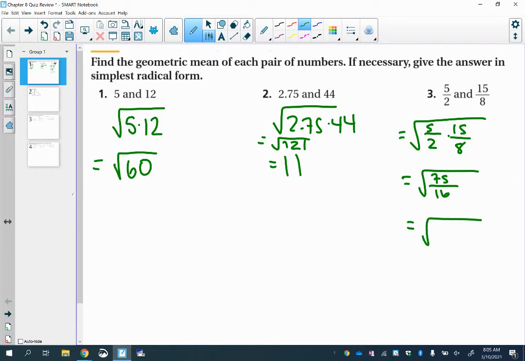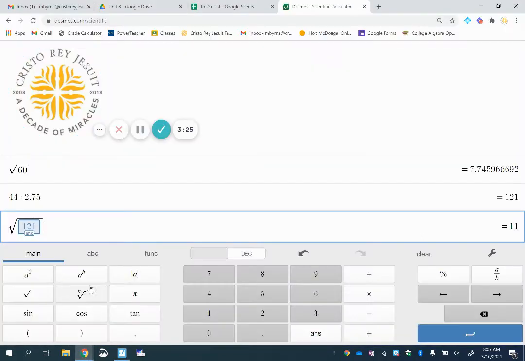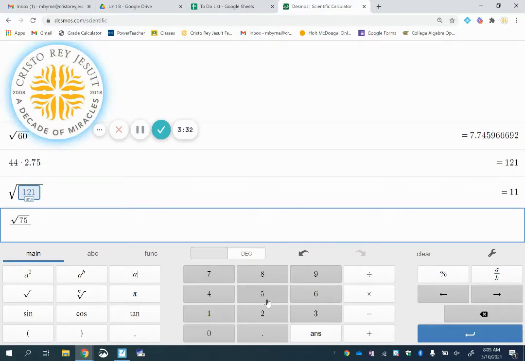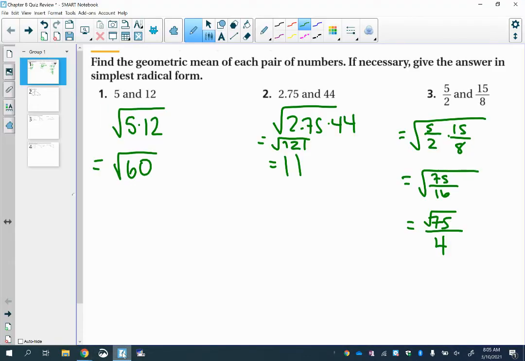The square root of 16 is 4, so I can leave the square root of 75 on the top over 4. Your other option is to convert that to a decimal: square root of 75 divided by 4, which gives me 2.17. But it is more than okay to just leave it like this.